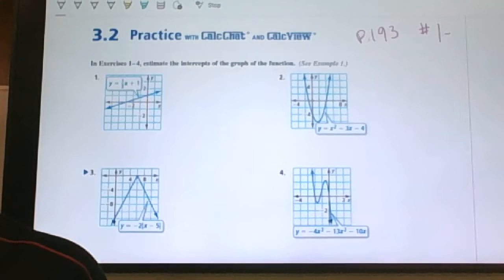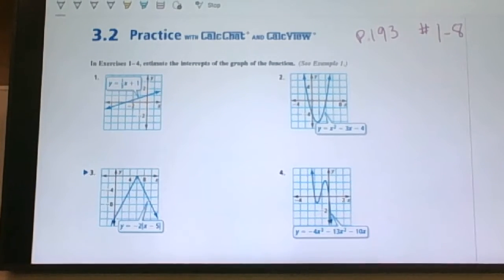So you should be quiet. All right, so go to page 193 and you're doing your assignment, which is 1 through 8. You were quiet all the way through intercepts. The first half is intercepts. The second half, I think you got positive and negative. I'm not sure about increasing and decreasing. So do what you can. Right now, you just be quiet and work. If you're talking, you're losing points.